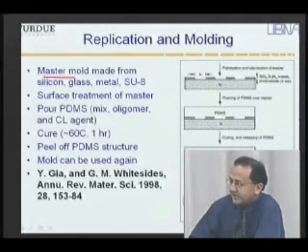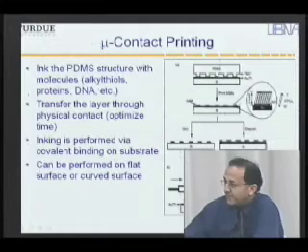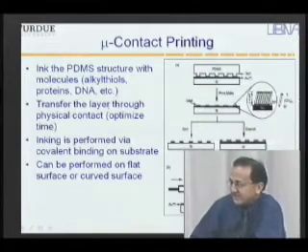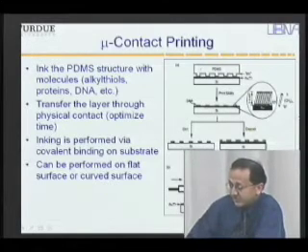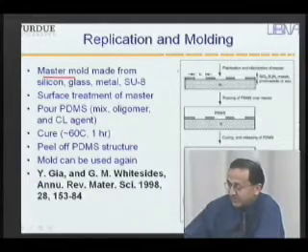Micro contact printing is a different version of that. Here what you're doing is you form the PDMS structure, like for example you did with replication and molding, and then once you form the PDMS structure, you could ink this surface of the PDMS with specific molecules.